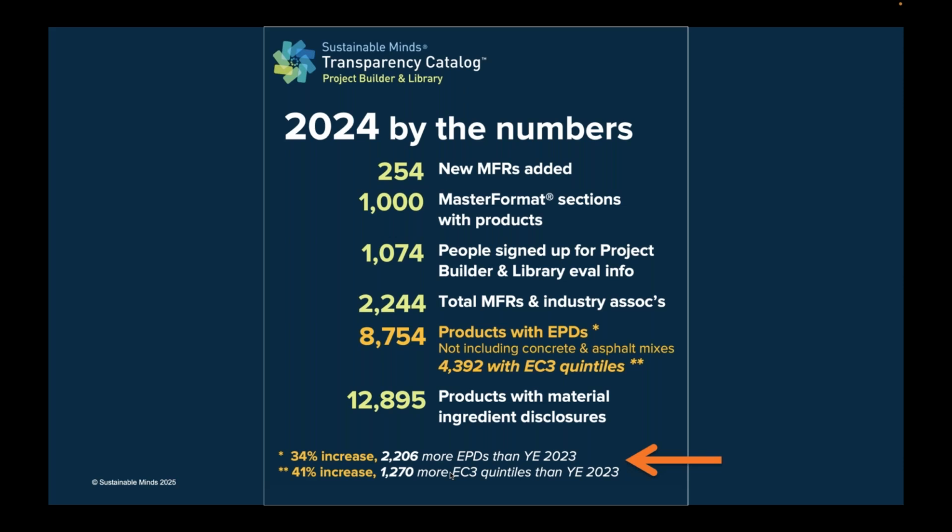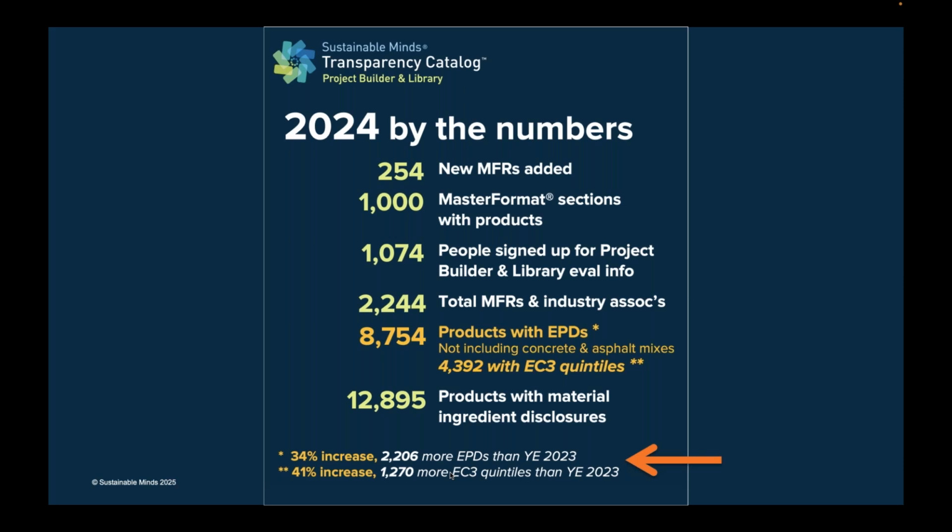But what became increasingly more obvious in the last some number of months, as we have worked with manufacturers to onboard their product information into the catalog, is that we were finding that the quintiles for certain categories didn't really make sense.